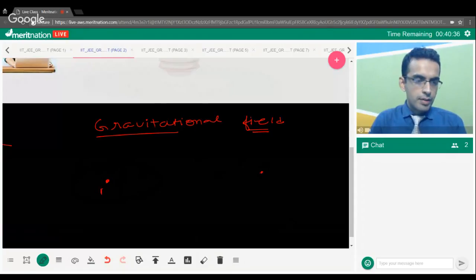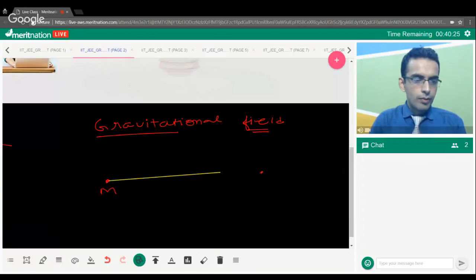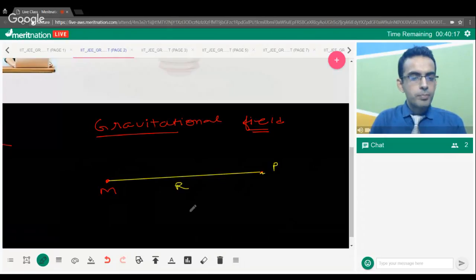For example, here is a point mass of mass capital M. At a distance of capital R, let's say at this point P, the gravitational field is given as E is equal to GM by R square.